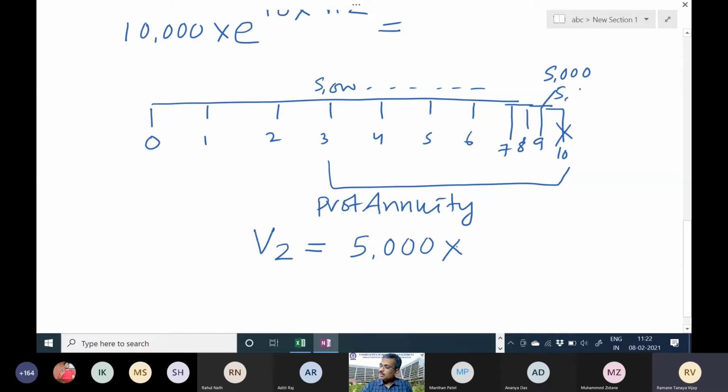Won't it be 3 years, because we are getting the annuity after 3 years from now? Today is 0. So the gap would be 3 years now. How come 3 years? No doubt, gap is 3 years.